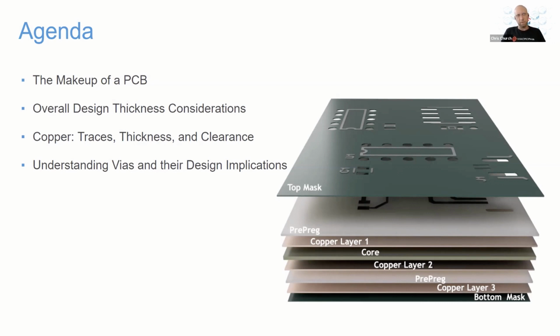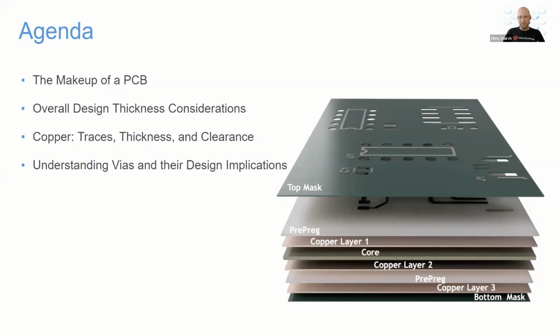So we're going to cover four key areas today. First, how the actual PCB is made. Then we're going to talk about thickness, because that's a critical component to a lot of designs out there. Then we're going to get into copper and talk about some of the rules that are applied as we're manufacturing, and some guidance on how to best get the end results you're looking for.